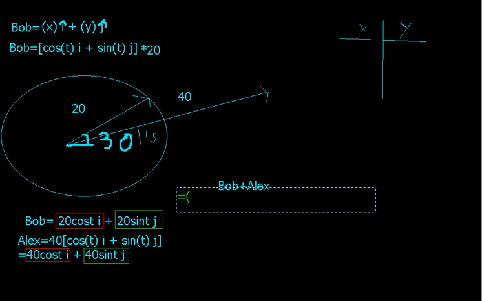Bob plus Alex equals, first we're going to add these two together, so it's 20 cosine t plus 40 cosine, oh, I'm sorry. I misled you. This is not t right here.